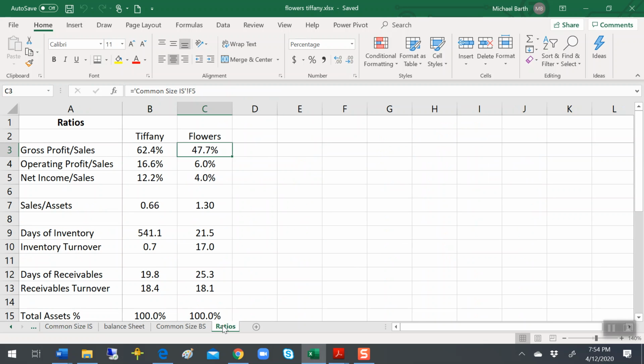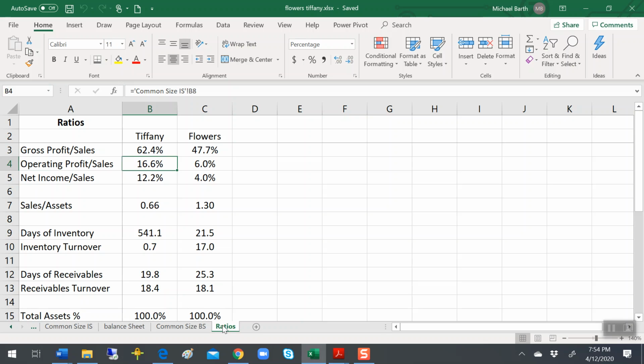That's a reflection of the type of products they sell. The difference there is roughly 15 points, 47, 48% to 62, 63%, right around 14.5% or 15% when rounding.